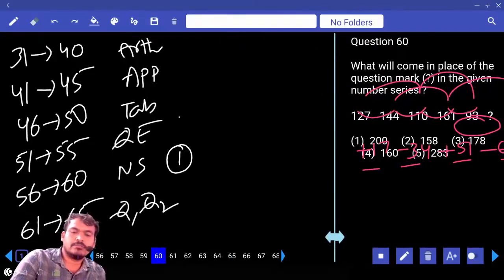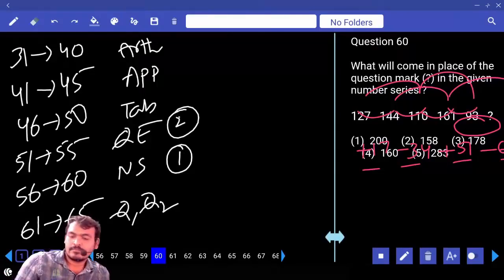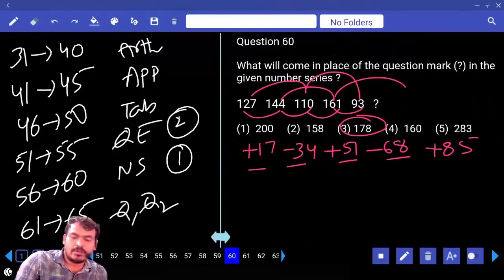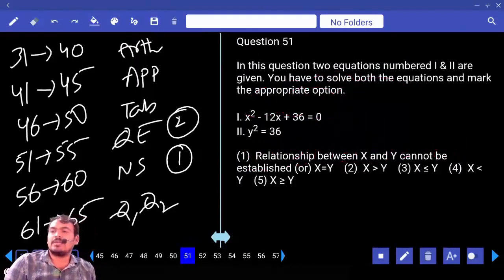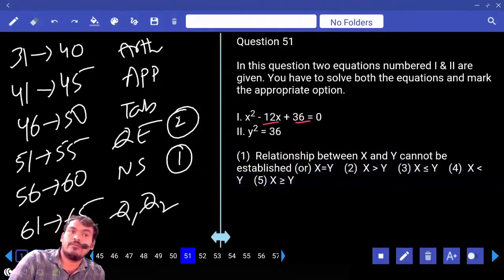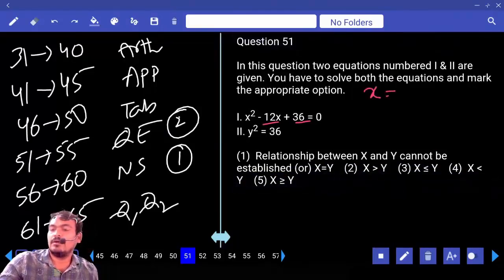Next priority, quadratic equations. There are no simplifications in this. Question number 51 to 55. X square minus 12x plus 36 equals 0. What is the product value? 36. The sum value is minus 12 or plus 12? Minus 12. Then the final roots of x are plus 6, again plus 6.